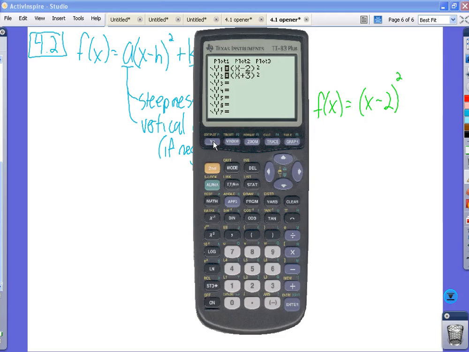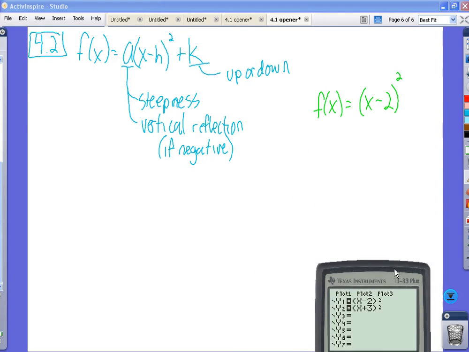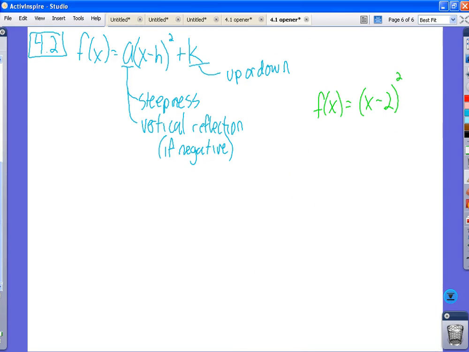All right. So this moved it to the right. Okay. So that's a little bit counterintuitive. But if you think about it, you'll find the vertex wherever this winds up being 0.